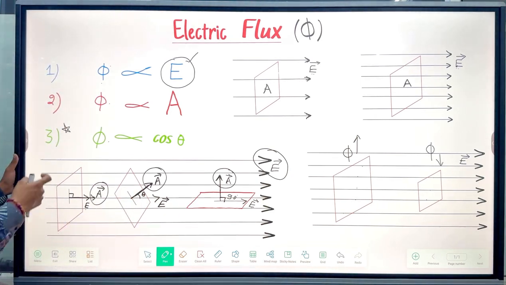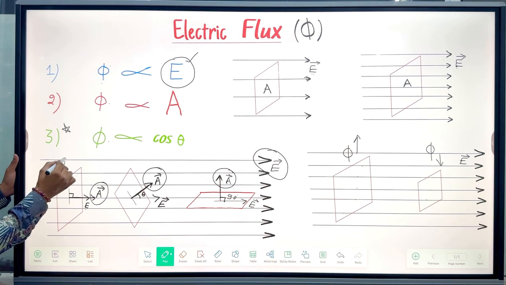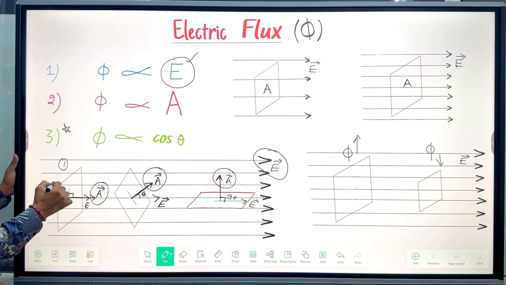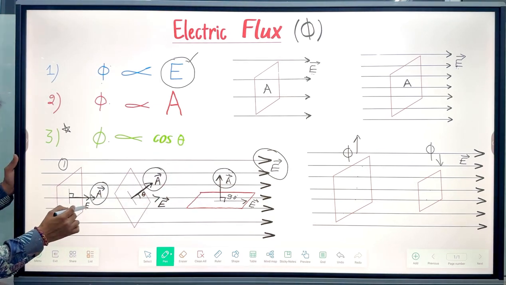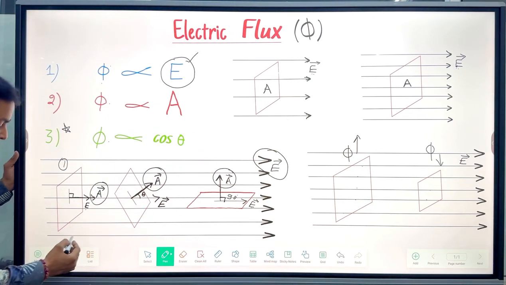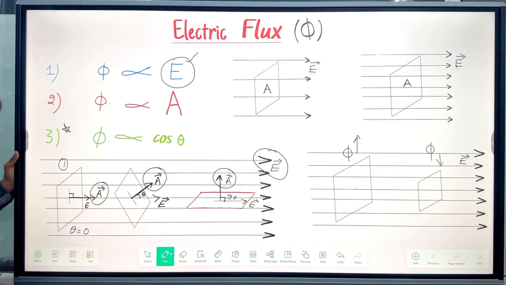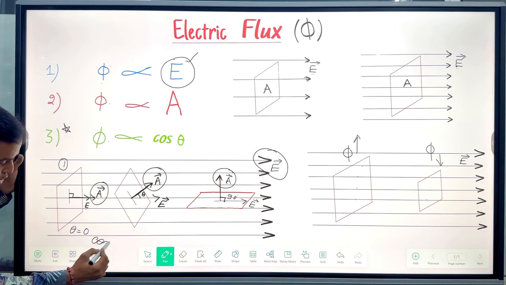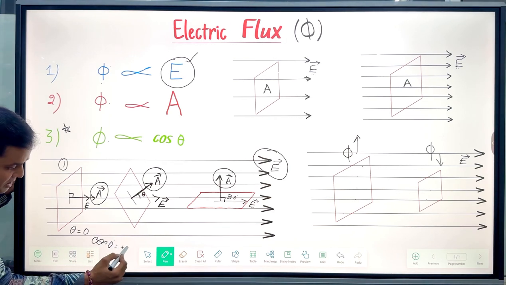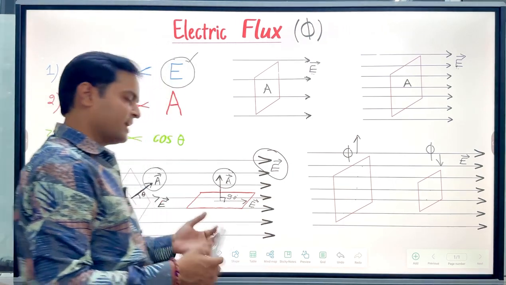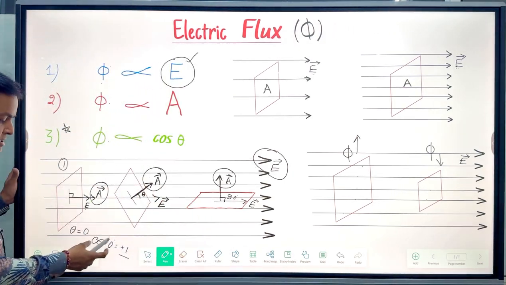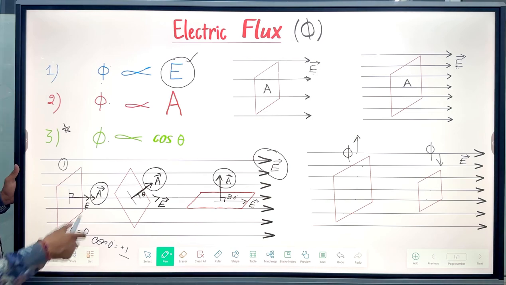First, the area vector of the given area is on the right side. Electric field intensity is also on the right side. So the angle between area vector and E vector will be 0 degrees, and we all know cos 0 degrees is +1, which is the maximum value of cos. If the angle is least, then the value of cos is more.